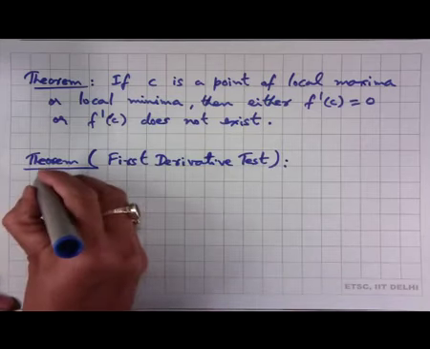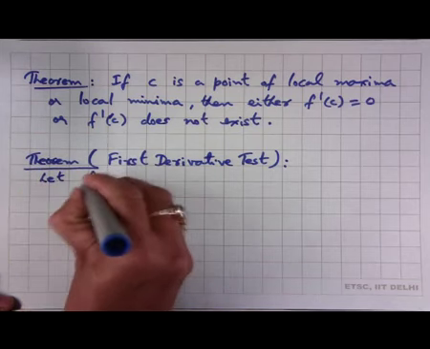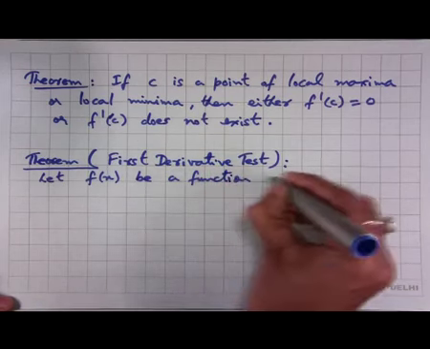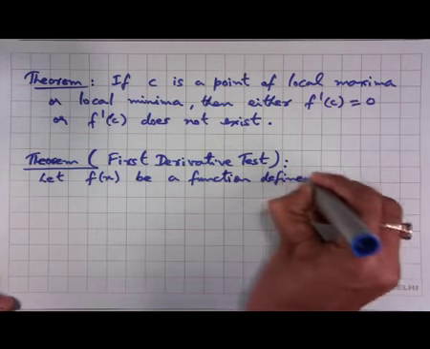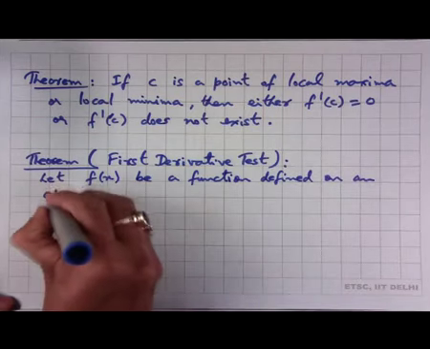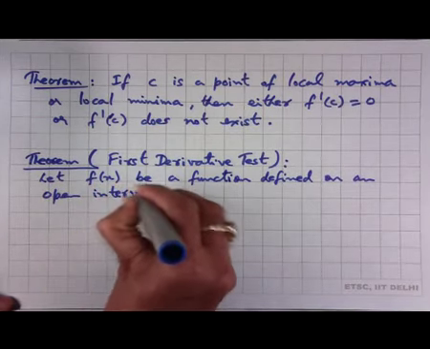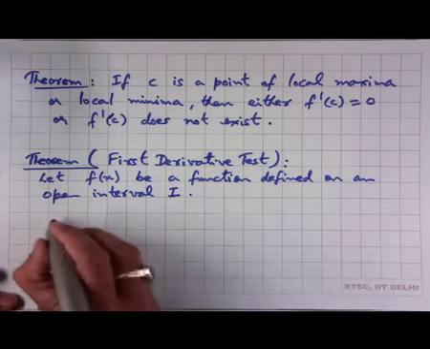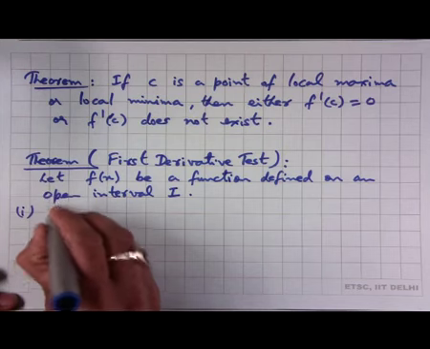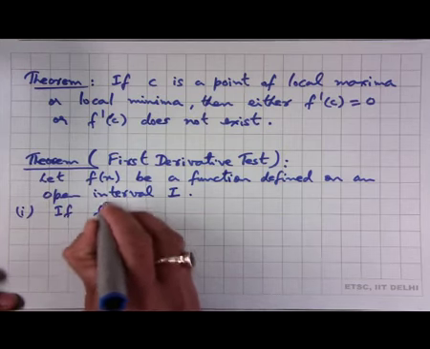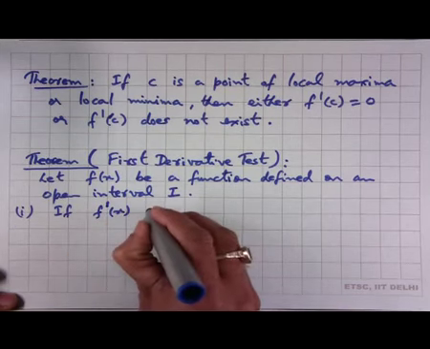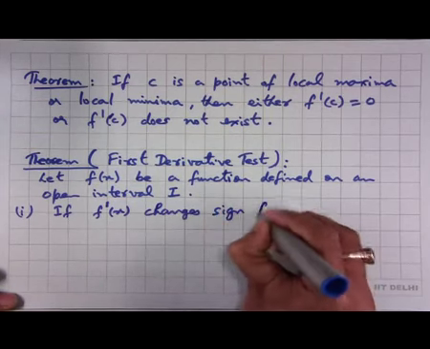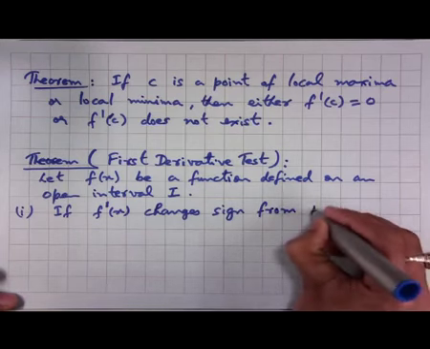Let f x be a function defined on an open interval I, and then if f prime x changes sign from positive to negative as we move across c, then c is a point of local maxima.